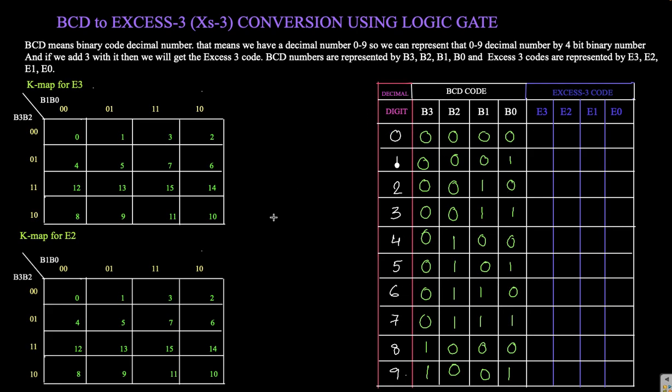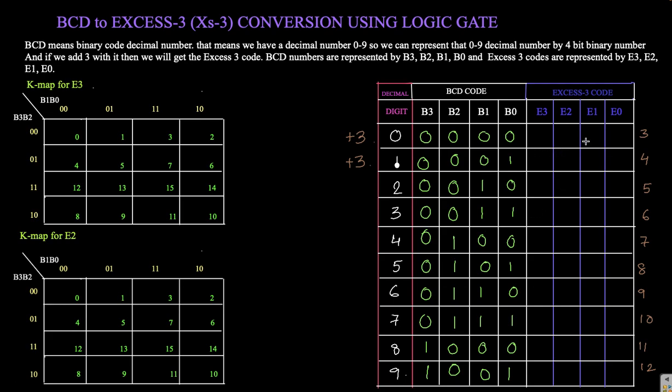Now you have to convert it into the XS3 code. So 0 plus 3 becomes the first XS3 code, and 1 plus 3, that is 4, is the second. So we can write 3, 4, 5, 6, 7, 8, 9, 10, 11 and 12, like this.